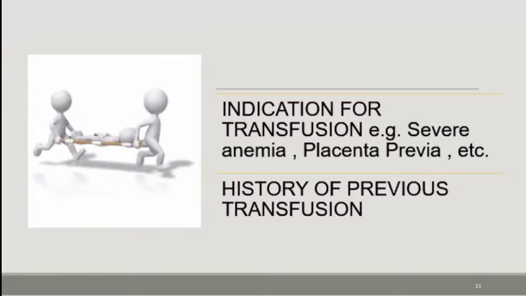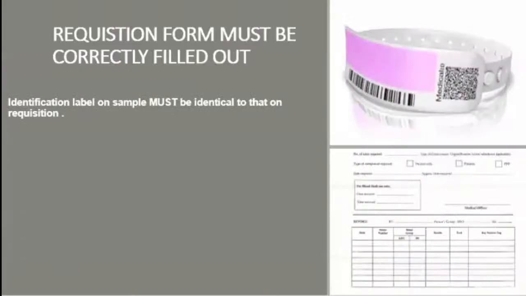And if you can give history of a previous transfusion, that would be helpful. So again, we require you to fill the forms out correctly, please, so that it can assist us to provide the correct units that you would like in a timely manner based on the inventory available.